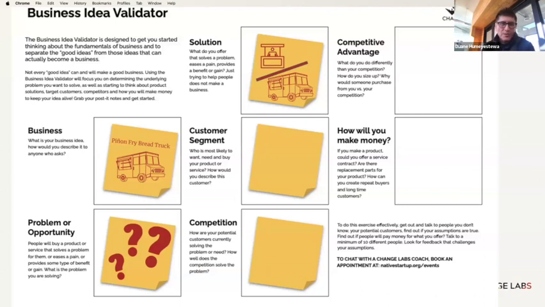So back to this concept of the problem and solving the problem. The third box, or third square, on the idea validator sheet addresses the issue of the solution. What do you offer that solves a problem, eases a pain point, or provides a benefit or some type of gain?